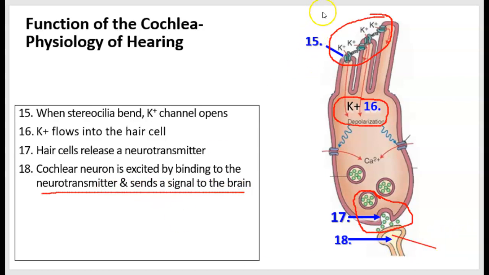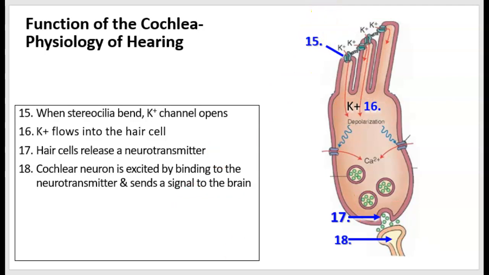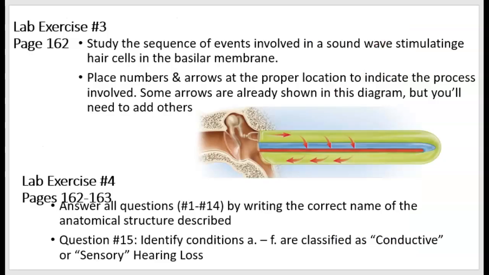So you do have an exercise in your lab manual asking you to retrace this pathway using a diagram in your lab manual. It's like this, and you're going to study the sequence of events involved in how sound waves stimulate hair cells and the basilar membrane.